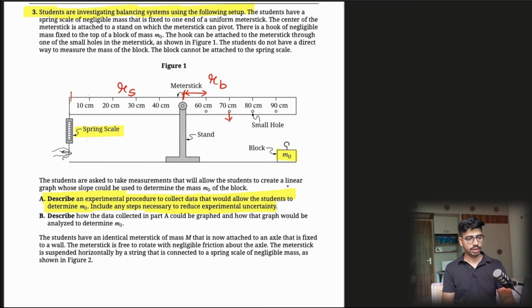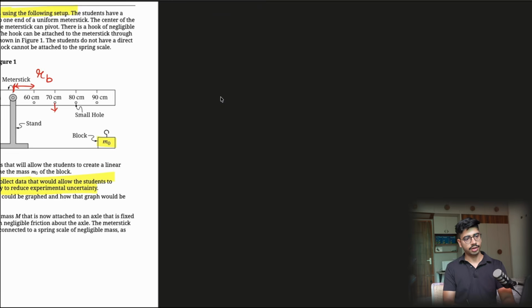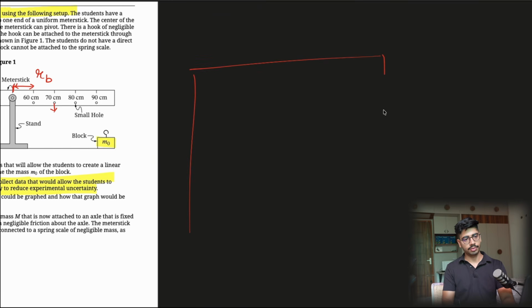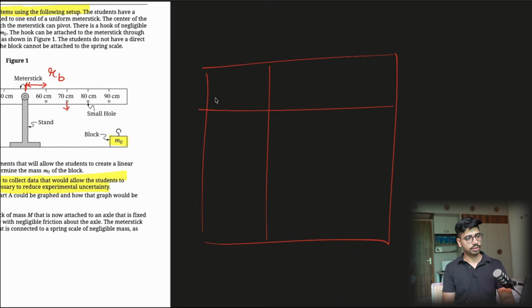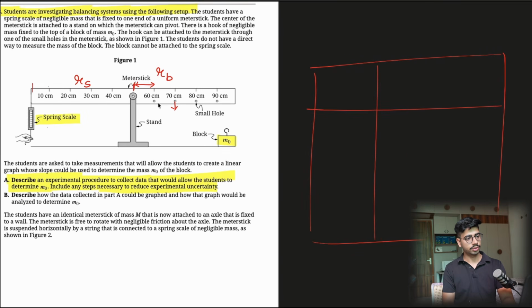So in the first case, you have to make a table. I'm giving the rough idea first. In that table, you are going to record the different positions and the force of the spring, and this distance RS is fixed.